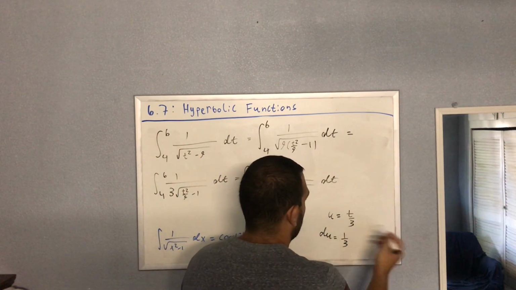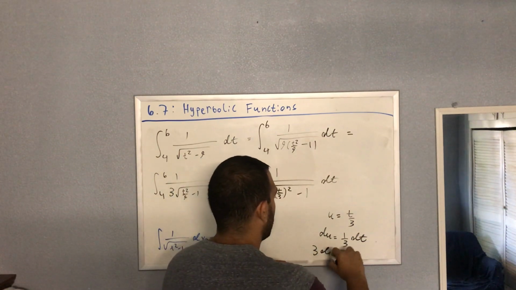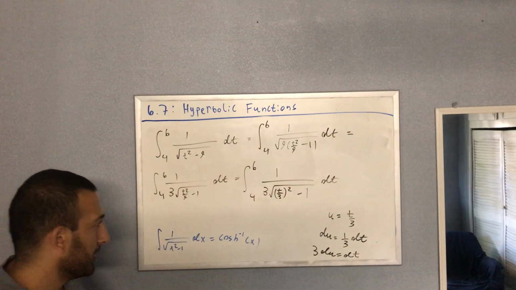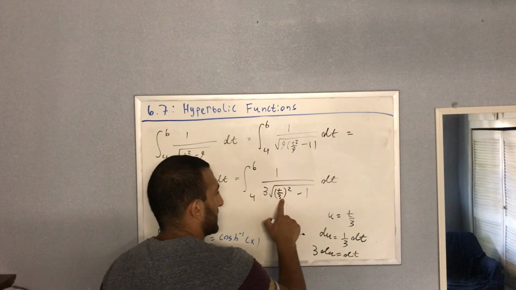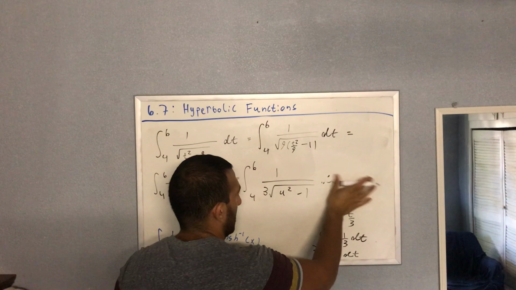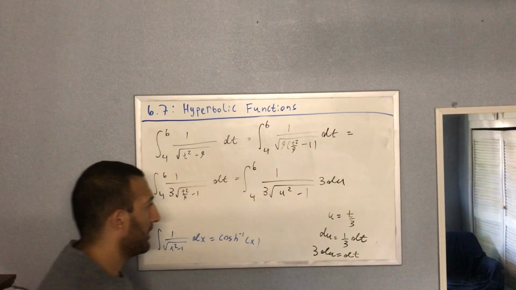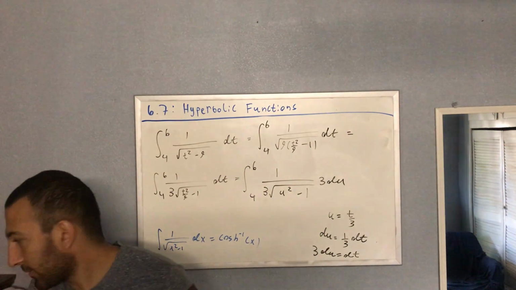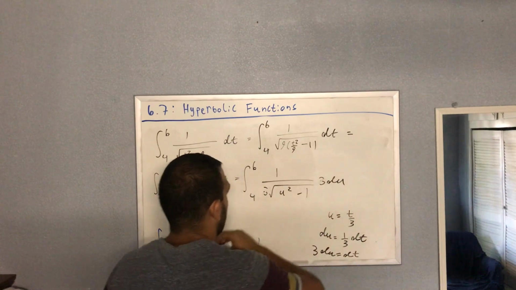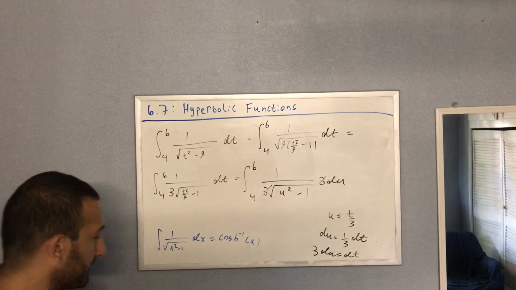So du is 1/3 dt, and then 3 du is dt. That's what dt gets replaced with. So this becomes u squared, and dt just becomes 3 du. Actually, look, the 3 cancels out. That's pretty cool.